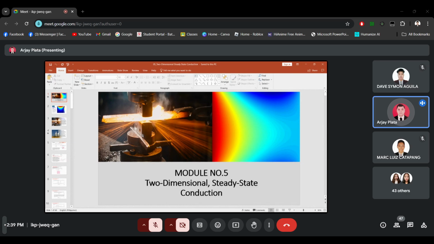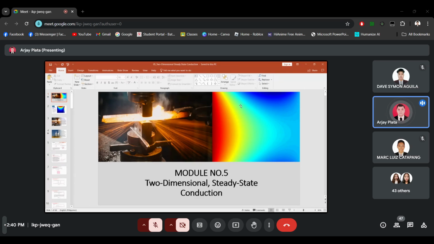As you can see on our screen, we have here a heated metal. And on the right side is the temperature flow or contour plot. As you can see, here the color is red, so it means that the temperature here is high.